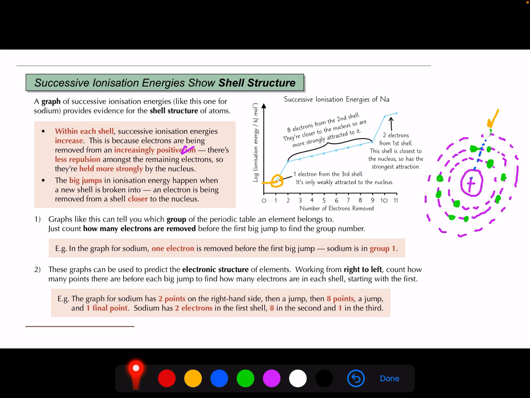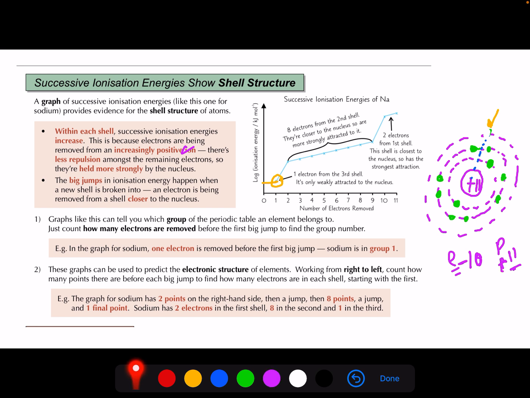What does that mean? For example, sodium has 11 protons. As you are removing the second electron, electrons now are only 10 electrons. Protons are still 11, but only 10 electrons.